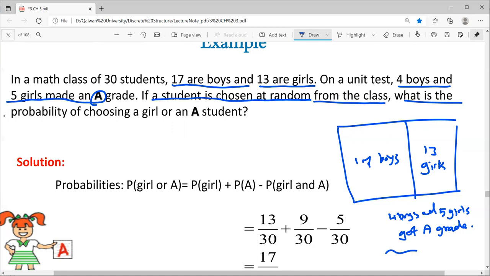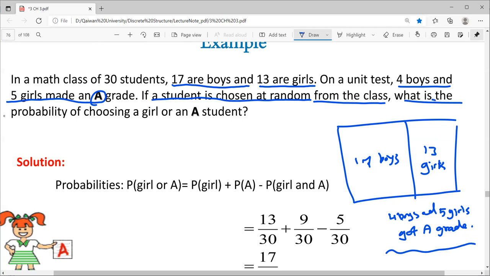Here we have 9 students who got an A grade. Among these 9 students, 5 of them are girls.